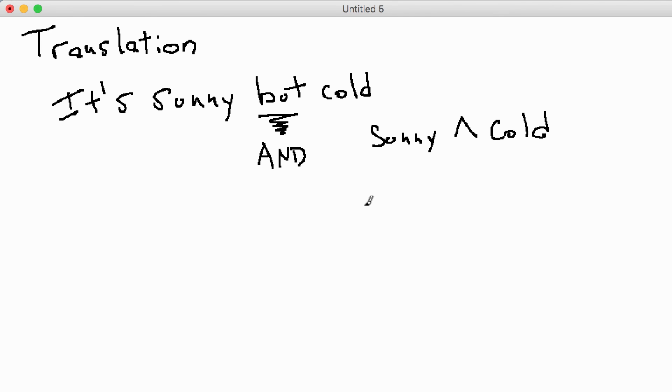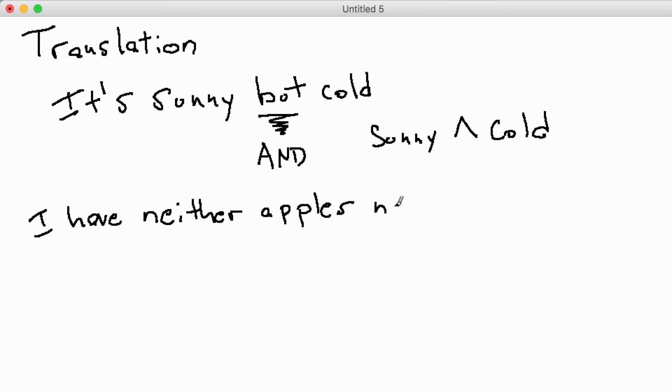The other example that they provide in the book that is also worth mentioning is consider the following sentence. I have neither apples nor oranges. Now, think about what this statement is saying here.